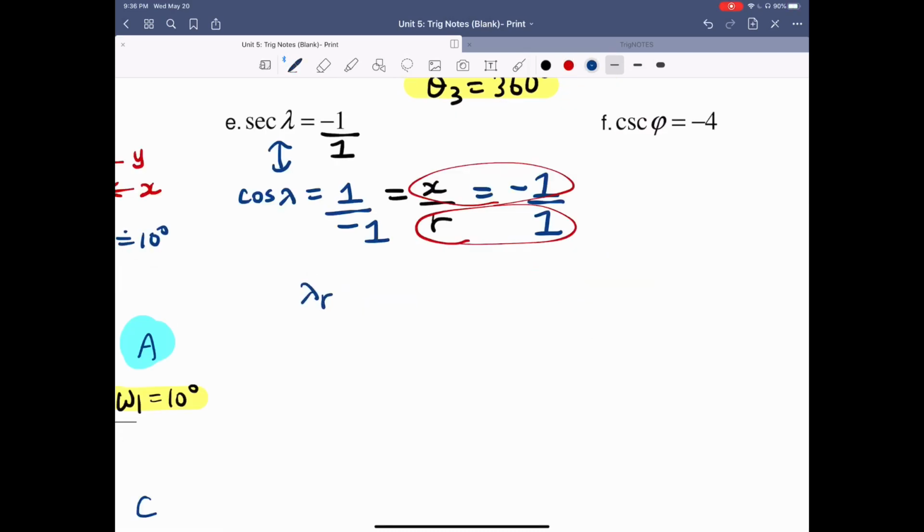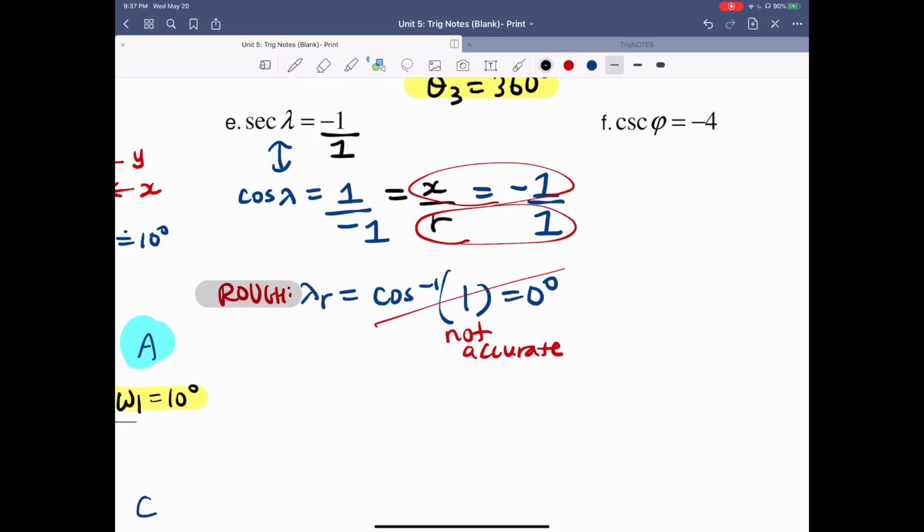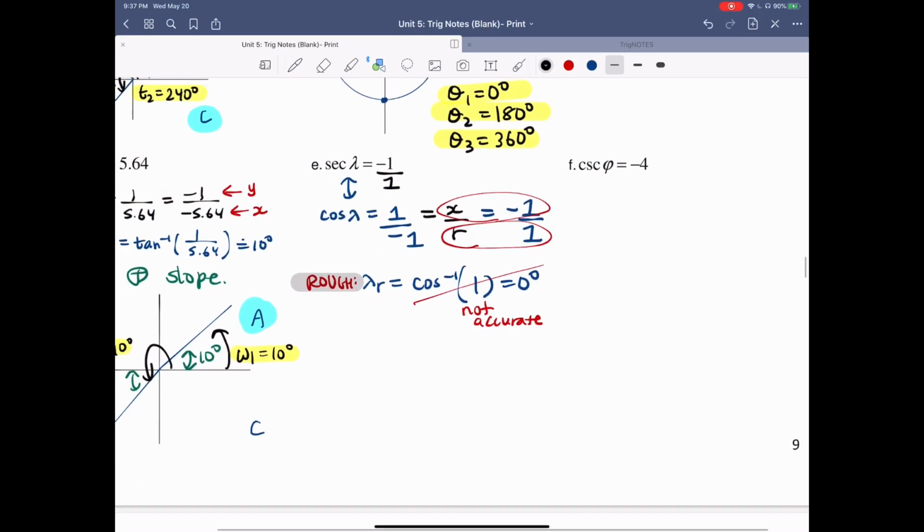For my lambda related acute angle, I'm going to do cos inverse of just the positive ones, because I usually take the positive version when finding my related acute angle, just to make sure that it's an acute angle and not an obtuse. And I find that it is equal to 0 degrees. Again, that is not as accurate, and I don't know how to interpret it.